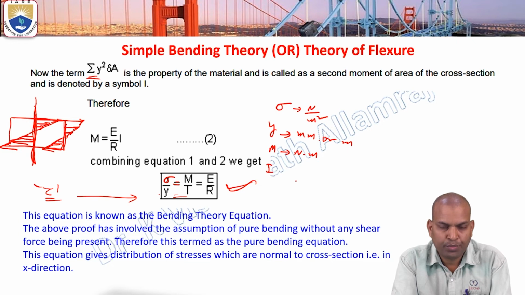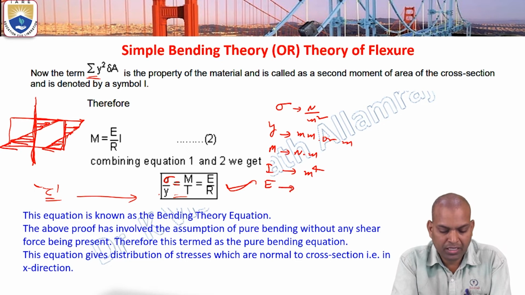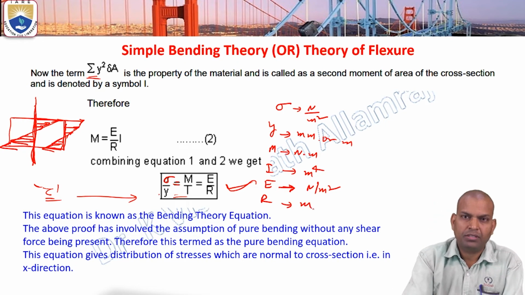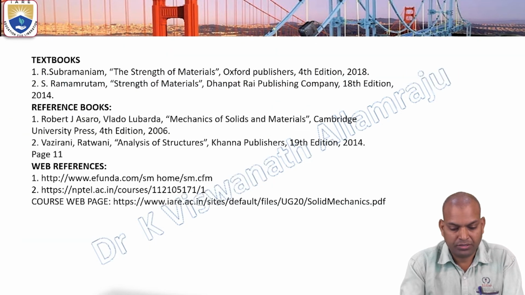I is the moment of inertia, with units of meter to the power 4. E is the modulus of elasticity, in Newton per meter square. R is the radius of curvature in meters. So sigma by Y equal to M over I equal to E by R. This is the simple bending equation.